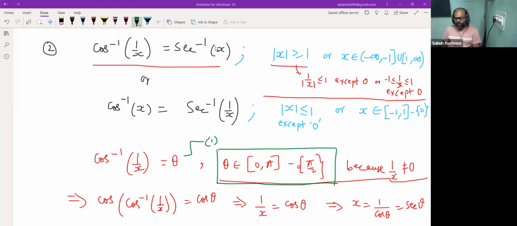Because in tan inverse there is some change, and you have to understand why that changes. In sine inverse and cos inverse, it did not make much difference, but in tan inverse it will.